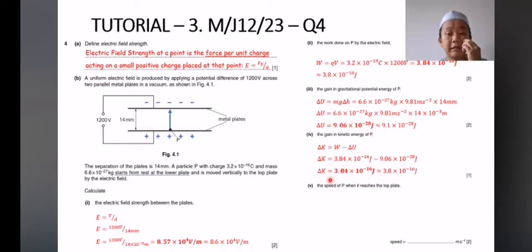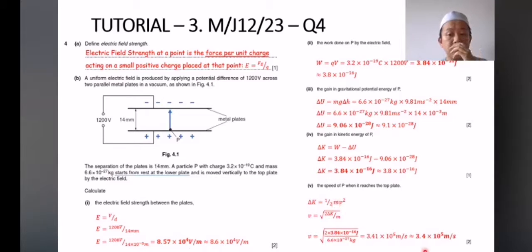So to observe this, actually if we refer to the velocity, the speed, laju lah kan, dia punya proton tu memanglah kena bergerak laju betul-betul kan, because this one is very small kan, protons and electrons, benda yang kita kena beriman benda tu wujud walaupun kita tak nampak dengan mata kasar. So substitute kinetic energy formula, half mv squared, v is equals to 3.4 times 10 to the power of 5 meters per second.